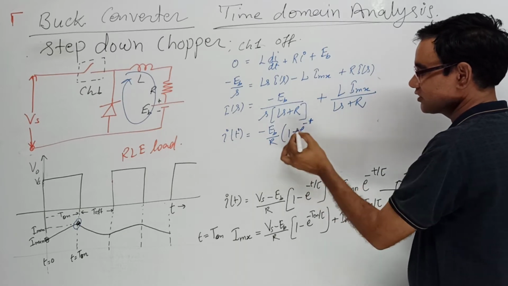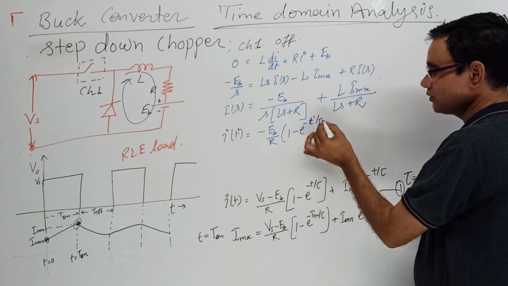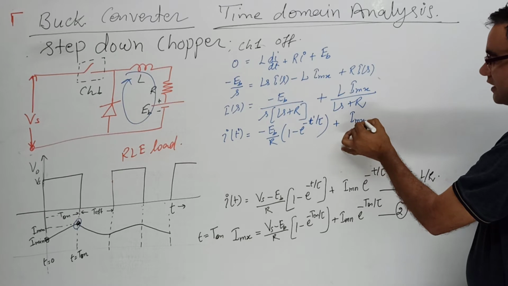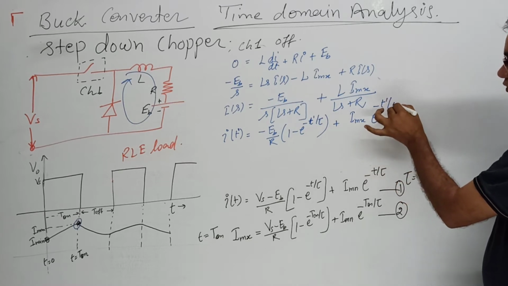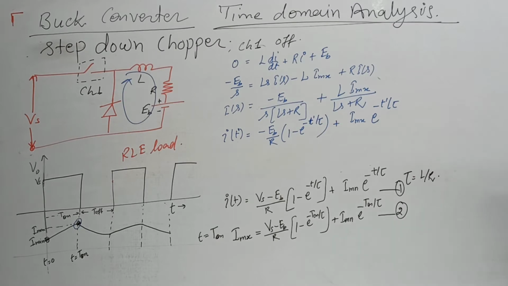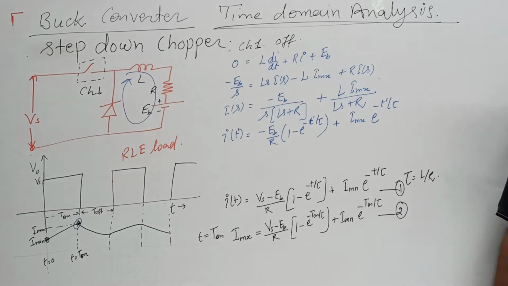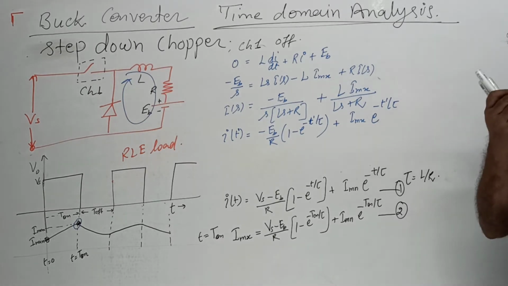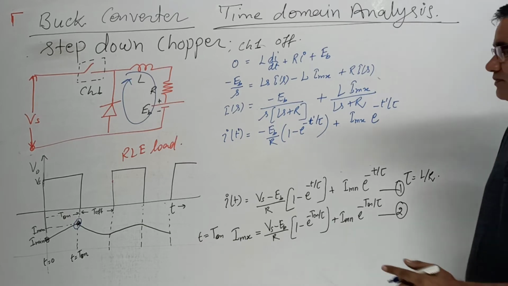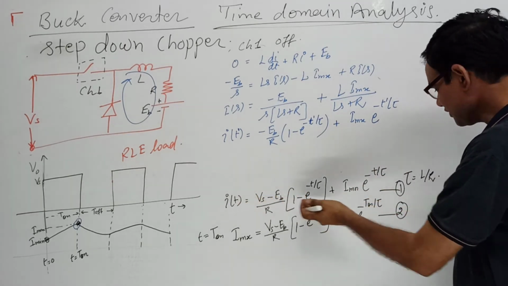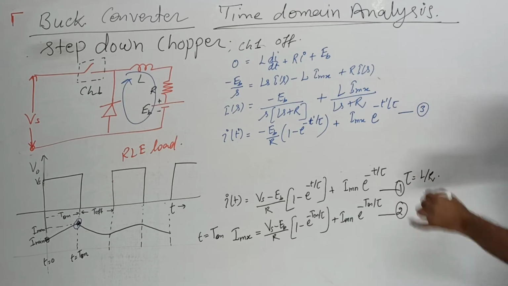Here we are taking t', not t, and tau is the time constant of the circuit. This is equation number 3.